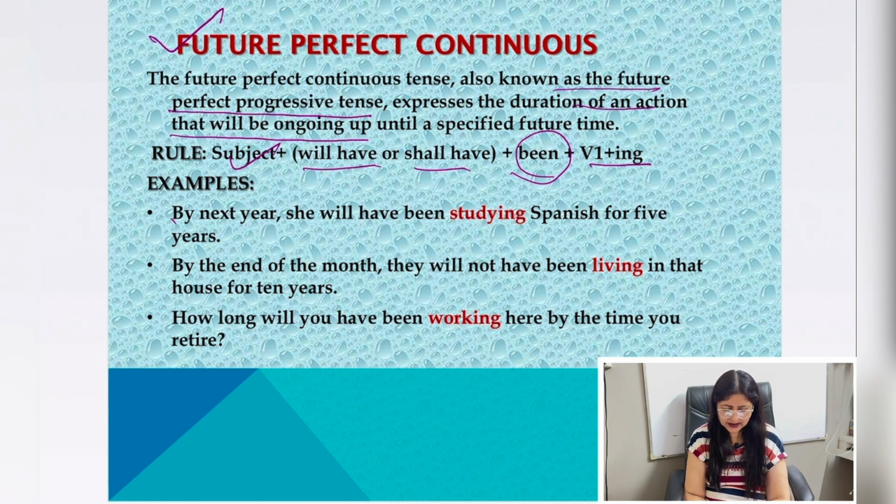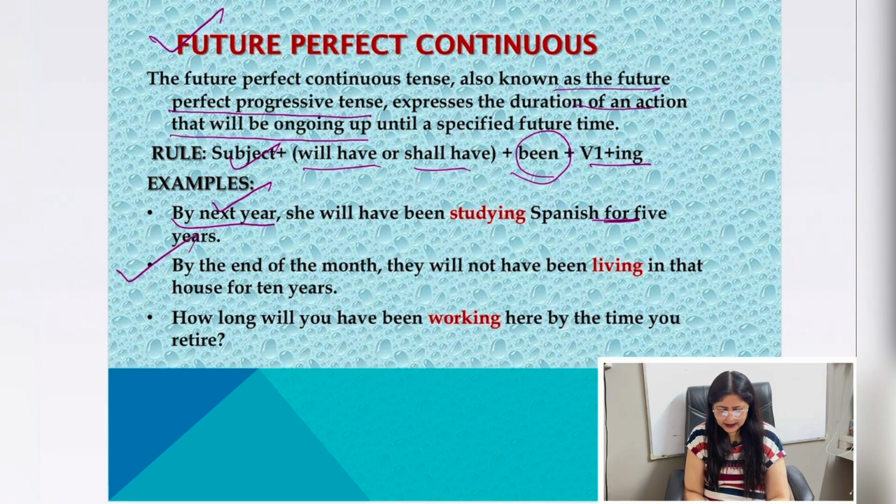By next year is indicating the future, meaning from that point to that point of time. She will start it and then continue, because perfect continuous tense is an action started earlier that continues in future also, or continues till your present point of time. So we make use of for.